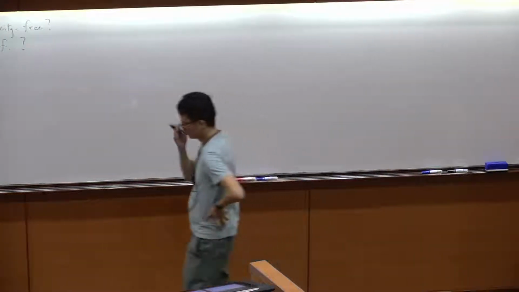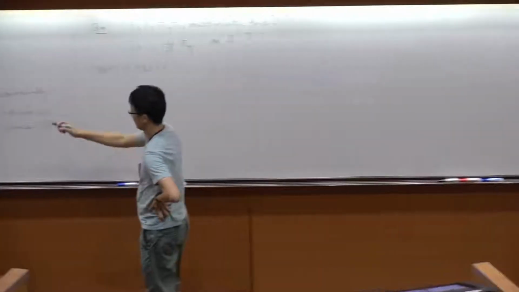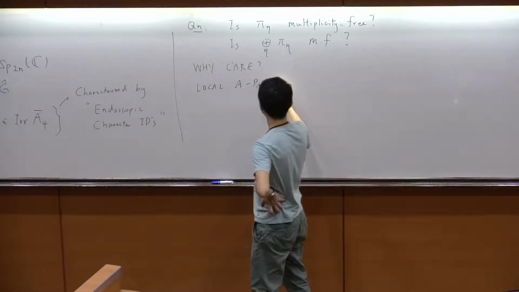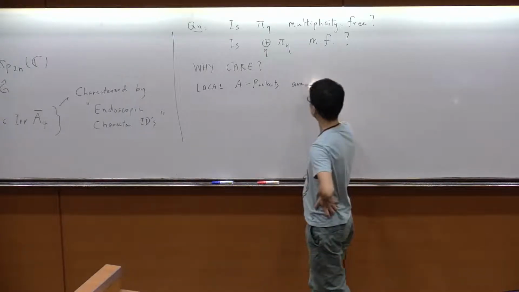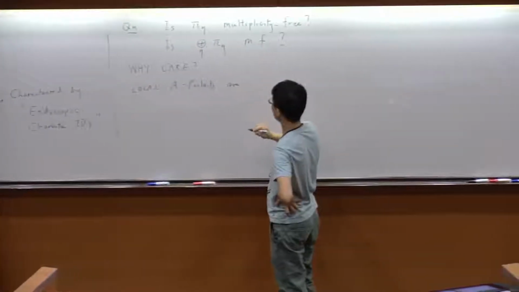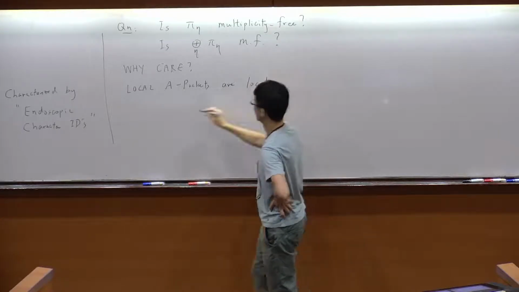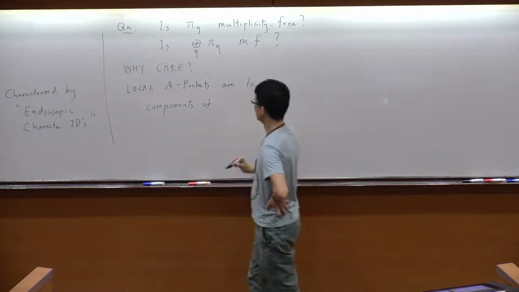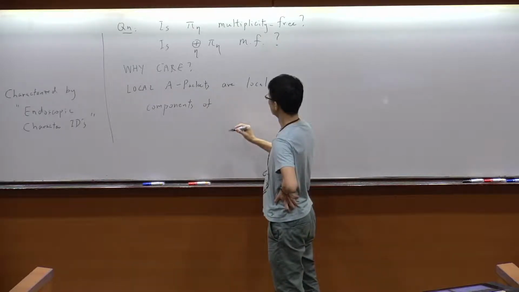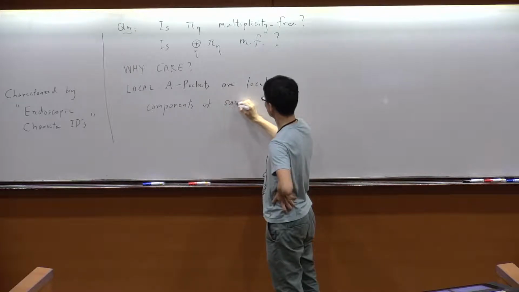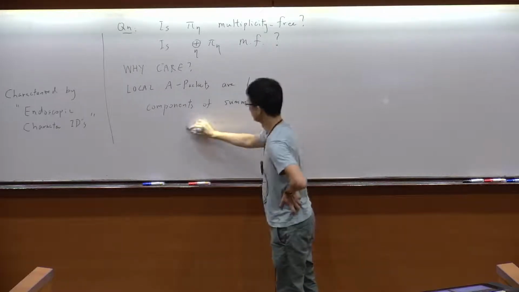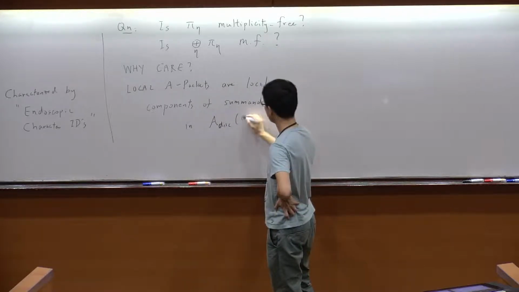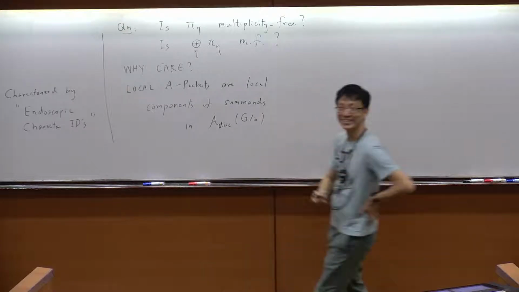The reason why I care is the following. As you recall, the representations in these local A-packets are local components of constituents or summands in the automorphic discrete spectrum, over a number field, for example.